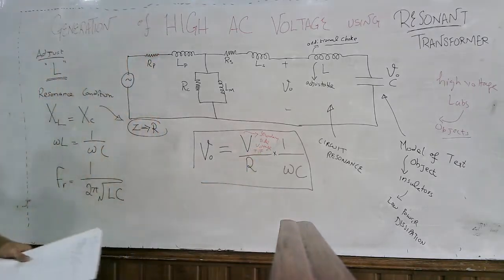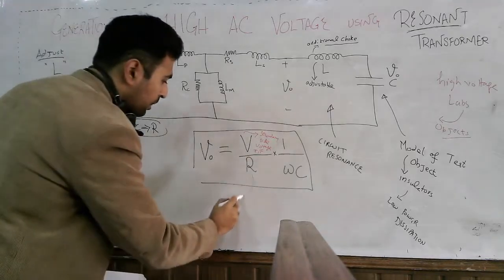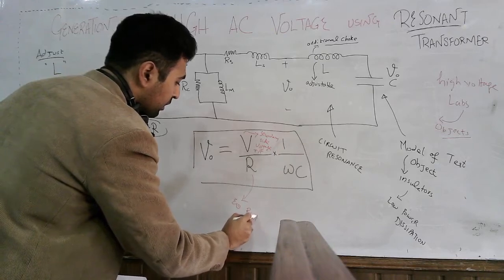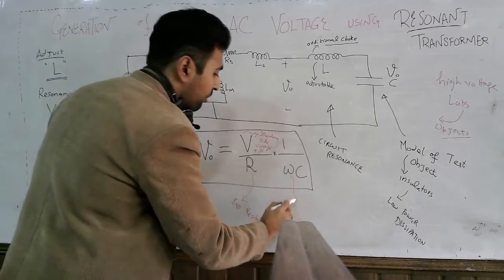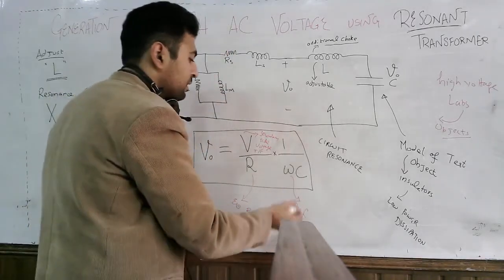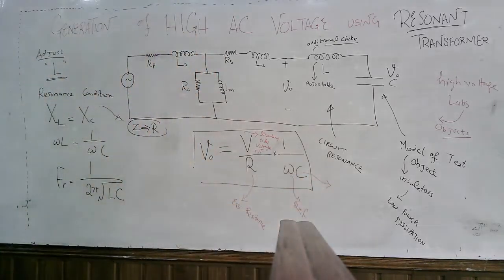What is R? R is the equivalent resistance of the resonating circuit. What is omega? Omega is equal to 2 pi f, where f is the frequency. And C is the capacitance of the test object.